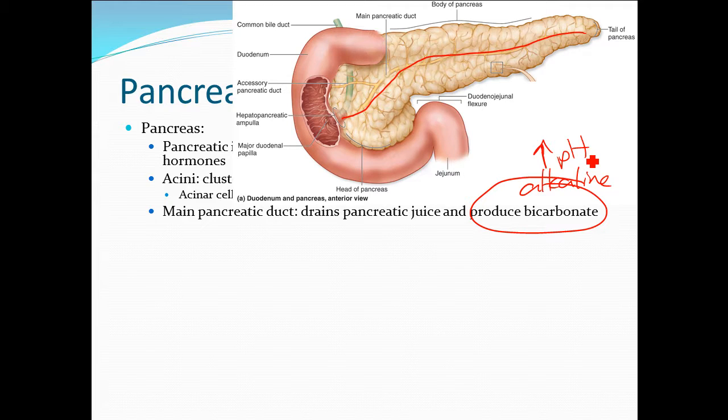The hydrochloric acid from the stomach. What cell makes that hydrochloric acid again? Starts with the P. Parietal cell. The parietal cell of the stomach. Very good.